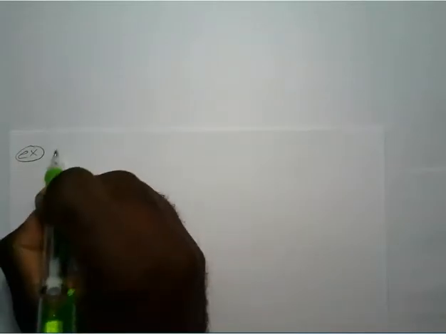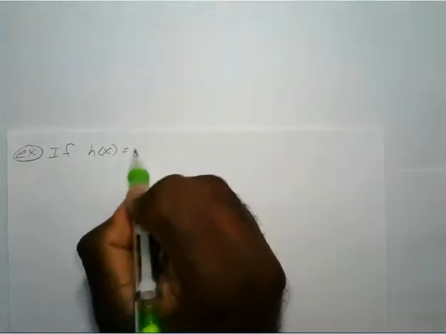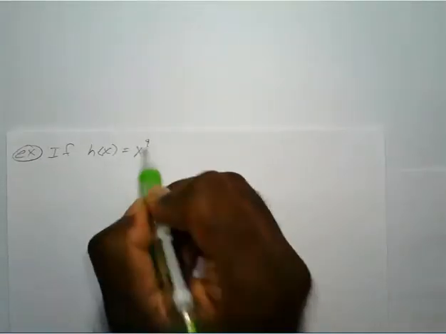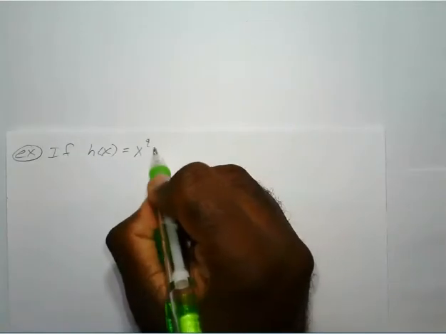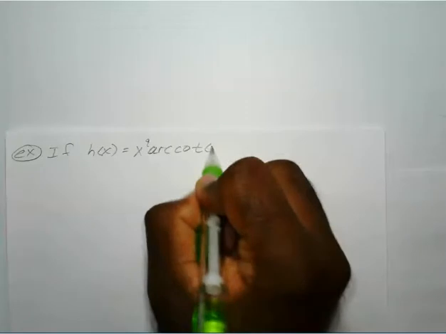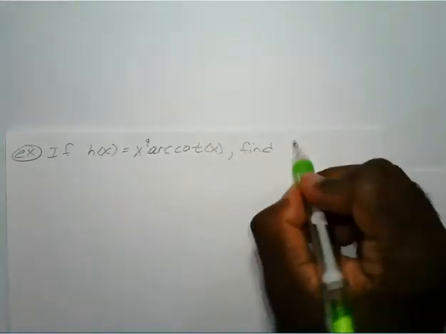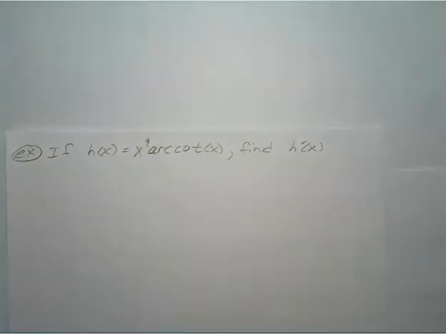All right, so let's say, for example, our function of x is equal to x to the 9th power arccotangent of x, and we want to find the derivative.